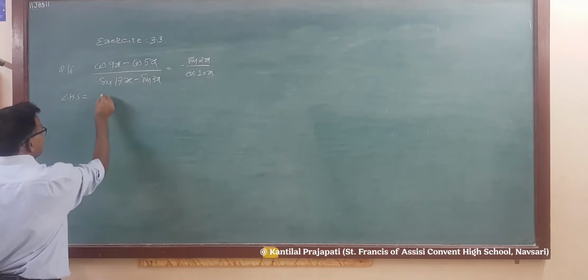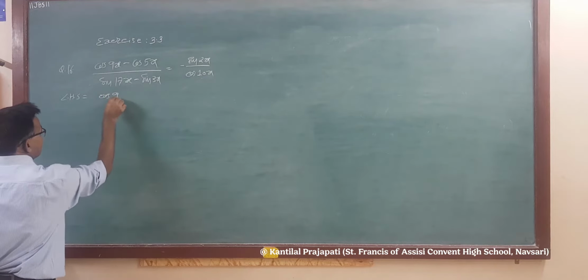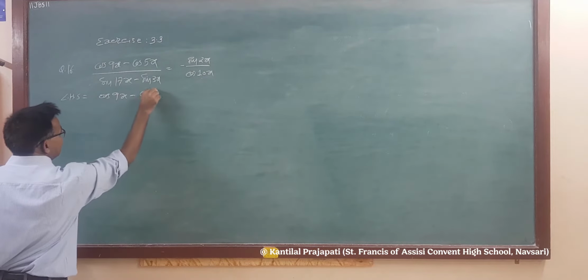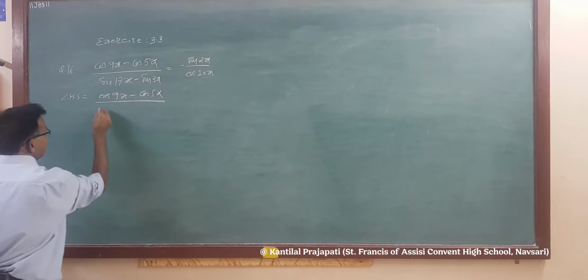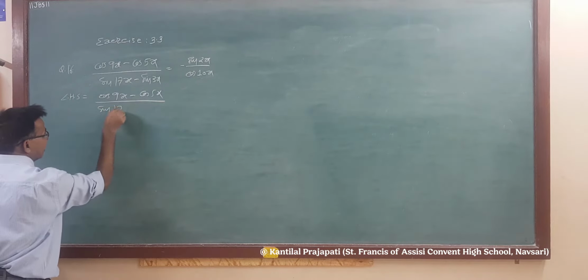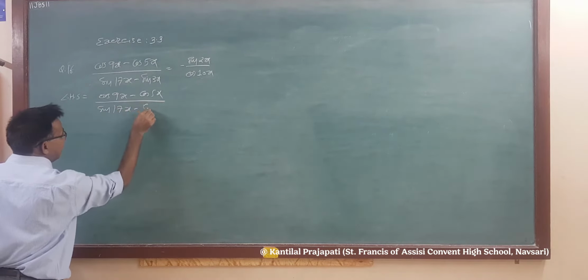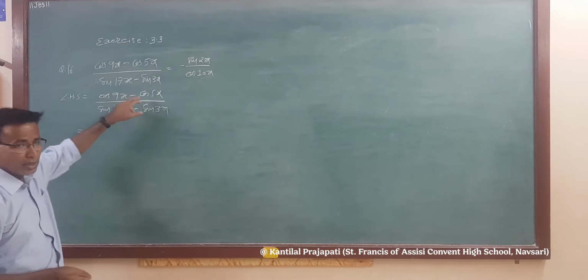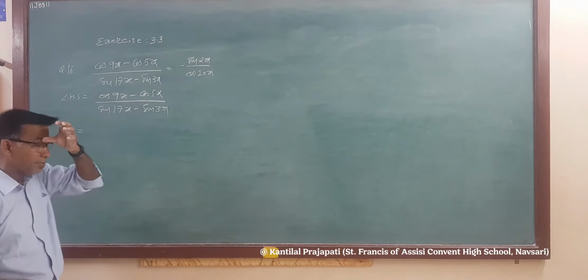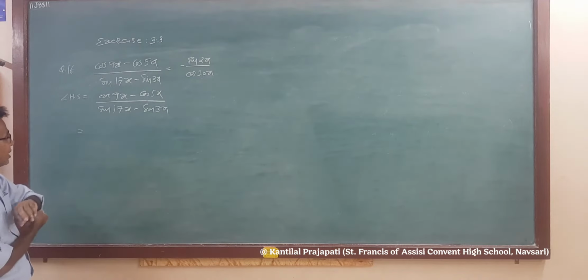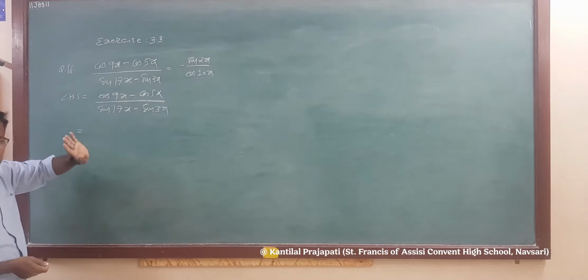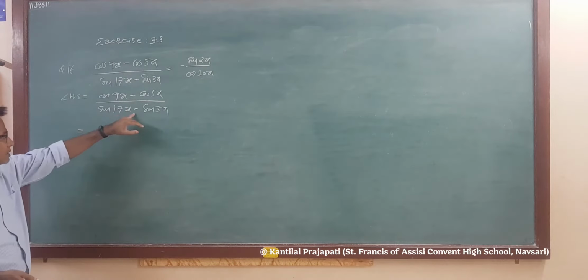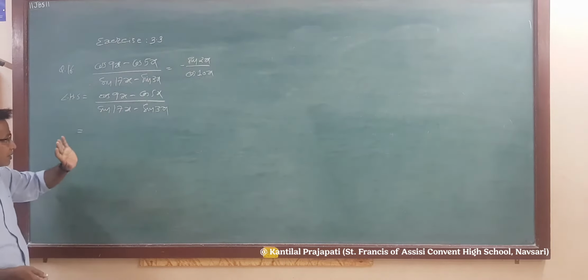So LHS is (cos 9x minus cos 5x) divided by (sin 17x minus sin 3x). Now here cos minus cos, we represent as a product. What is cos C minus cos D? Minus 2 sin S sin D, and sin minus sin is 2 cos sin.